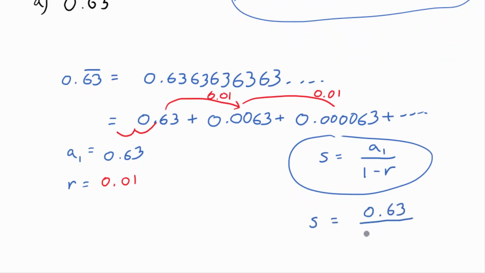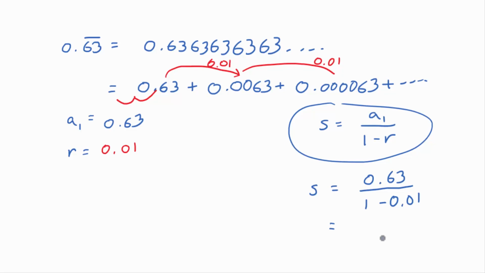And then 1 minus R? 1 minus 0.01. So you get 0.63 on top. What's 1 minus 0.01? Careful. 0.99, yep. So think of it as 1.00 and then subtract 0.01.